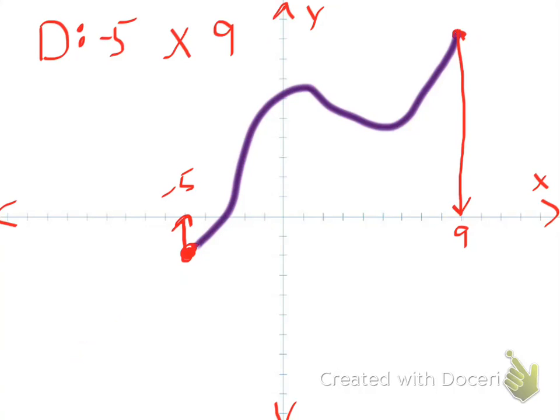So, what is x? Is x bigger than -5 or smaller than -5? It's bigger than, and it also can equal -5. And x is also less than or equal to 9.